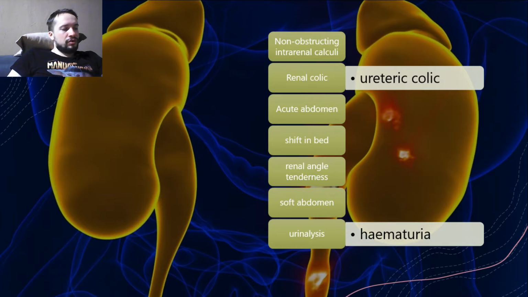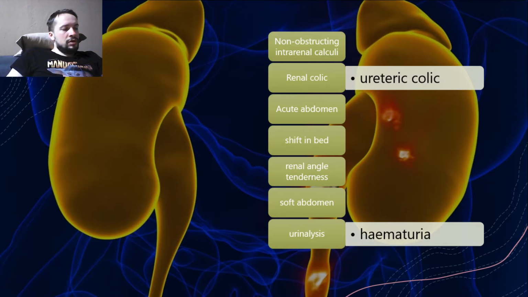In contrast, renal colic, perhaps more accurately considered ureteric colic, results in severe pain that has a sudden onset and a typical loin to groin distribution.